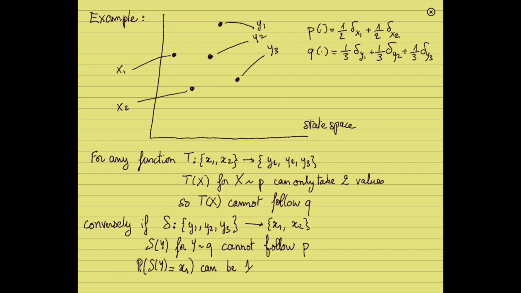But it cannot be 1/2, because you cannot obtain 1/2 as a sum of thirds. And thus the Monge problem has no solution in either direction.